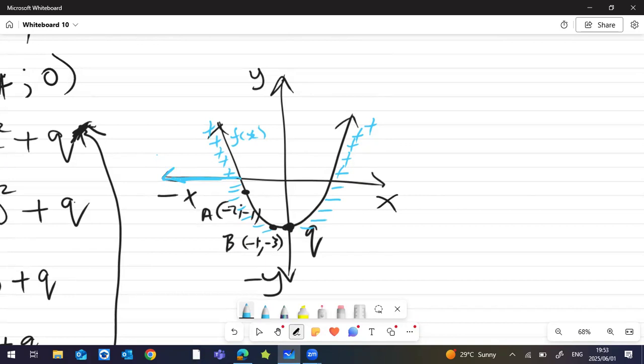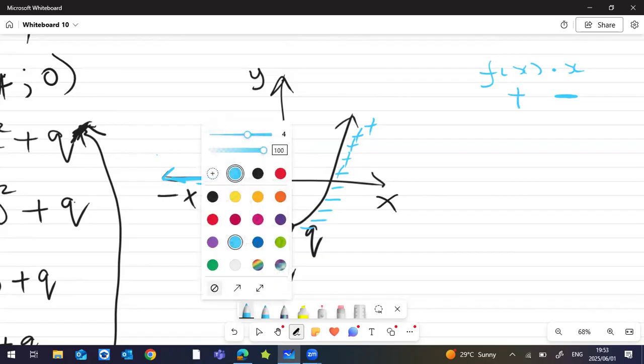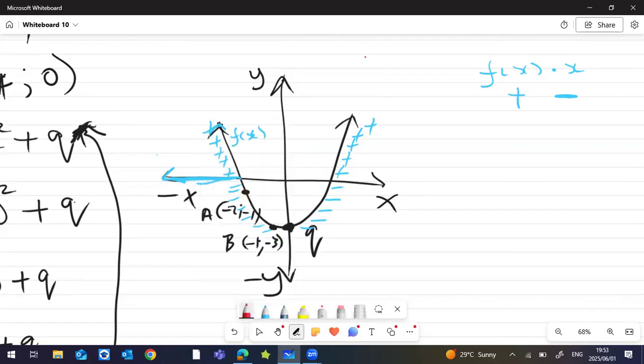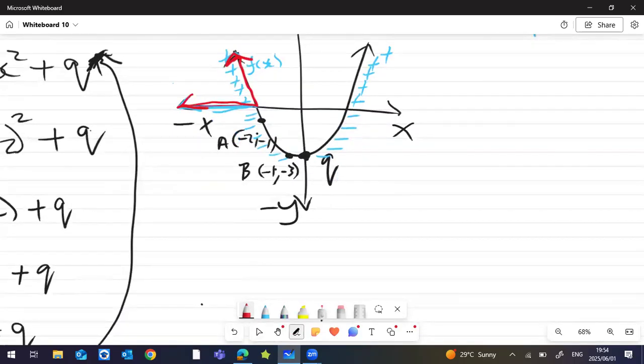So in that part, the function is positive and the x values are negative. So it is this area here. In that area, the x values are negative, but the function is positive.